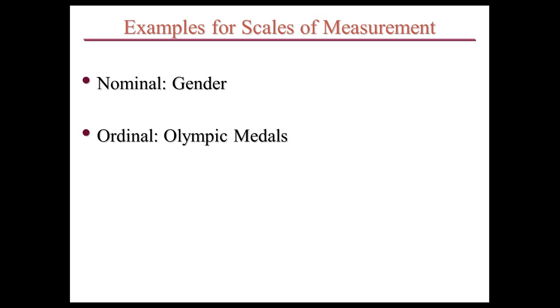Ordinal, for example Olympic medals. You have a gold medal, which is first, a silver, which is second, and then third, which is bronze. So you have the rankings there, or the ordered nature of it. Now, Olympic medals are not an interval scale because there's not equal spacing.